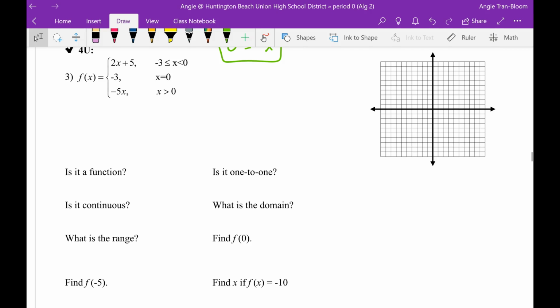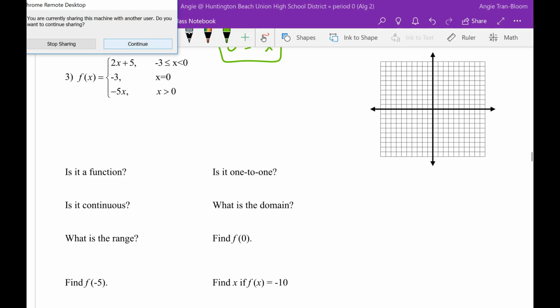Oh, there's one point. There's no line. So you still go, it's just that x equals 0. Now would you have an arrow at all? Right, so it's a starting point.